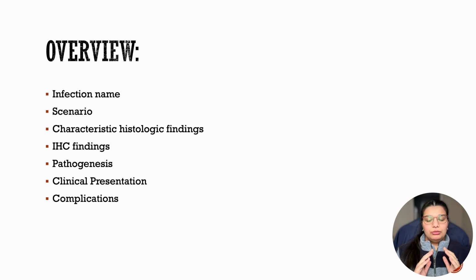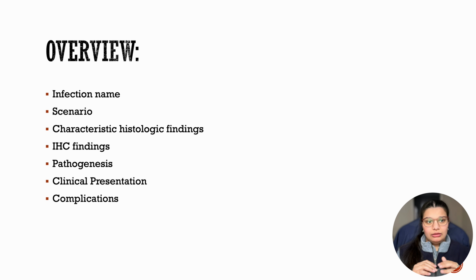The overview is what we will actually discuss here. First of all, we'll talk about the infection name. Then I'll give a brief scenario of how the patient presented, then the characteristic histological findings by which we can diagnose the case on H&E, and the characteristic IHC findings relevant to the diagnosis.